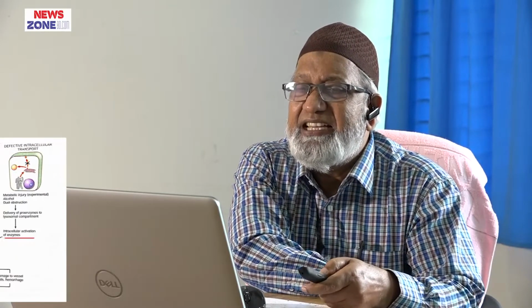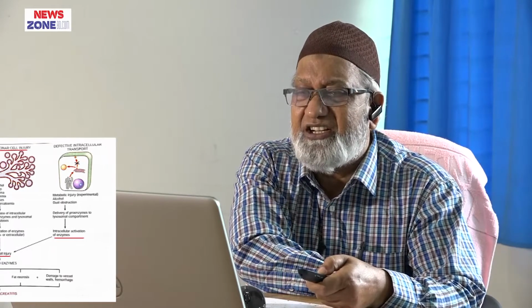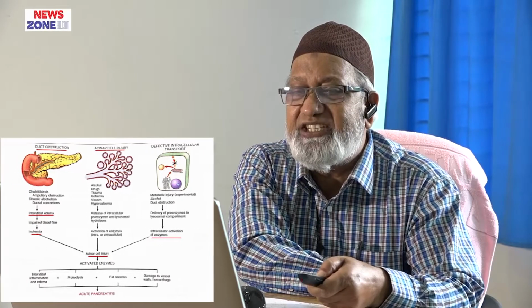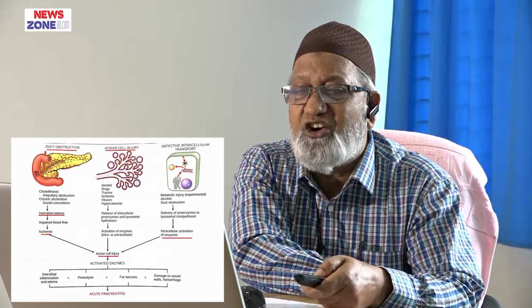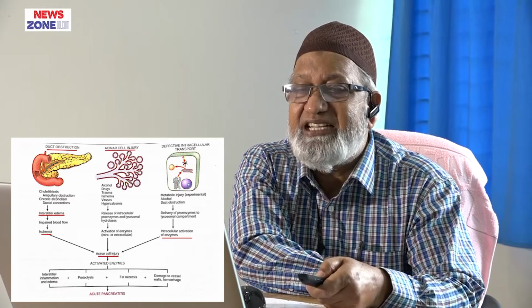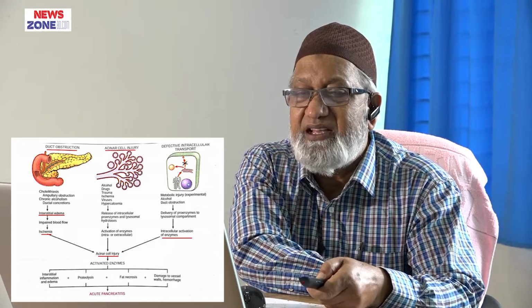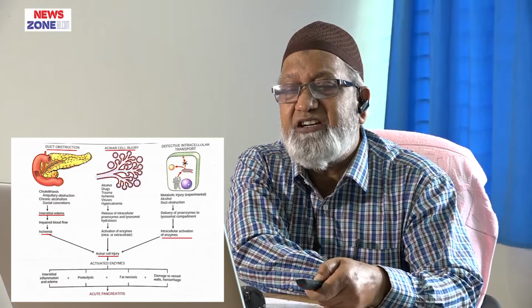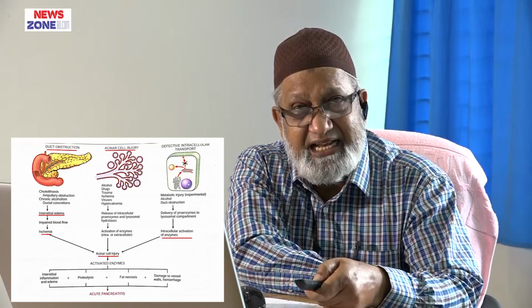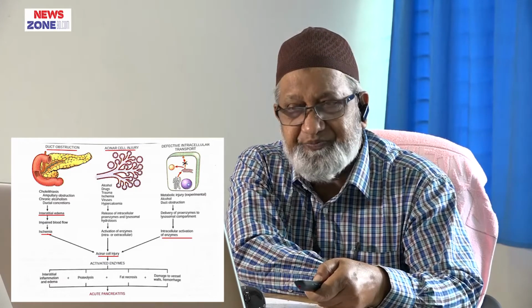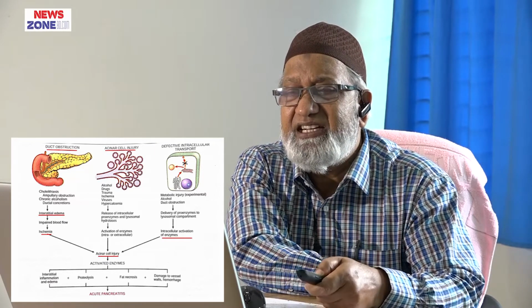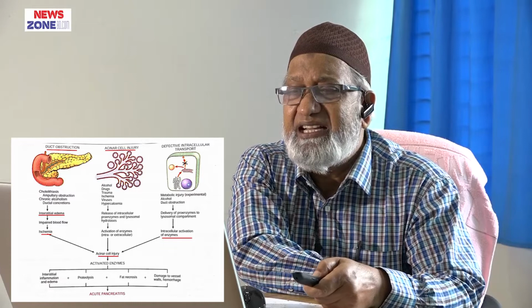If you see the flow chart, if there is a ductal obstruction of the pancreas, it may be gallbladder stones, it may be alcoholic ductal concretions leading to interstitial edema. Interstitial edema causes impaired blood flow resulting in ischemia, and this ischemia causes acinar cell injury due to duct obstruction.